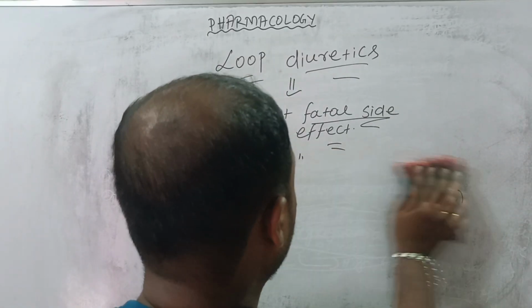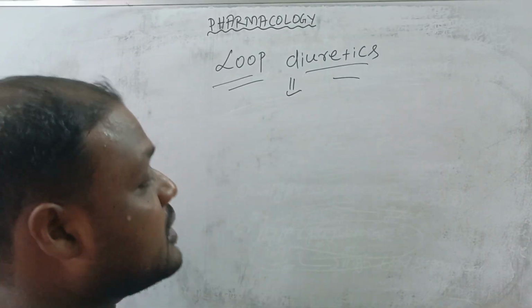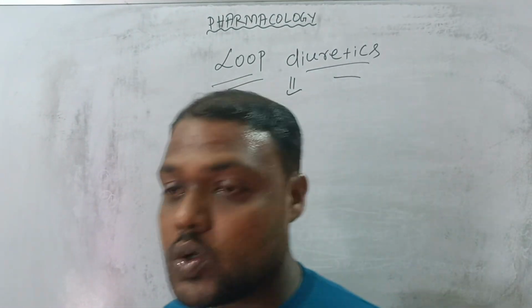The loop diuretic drugs are furosemide and torsemide.